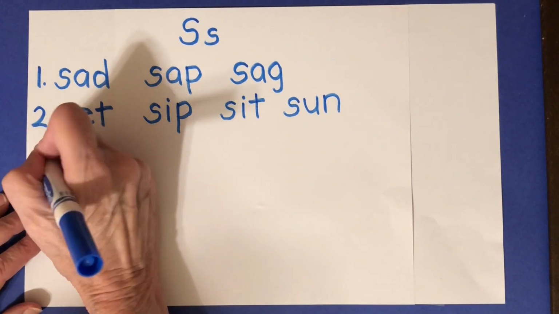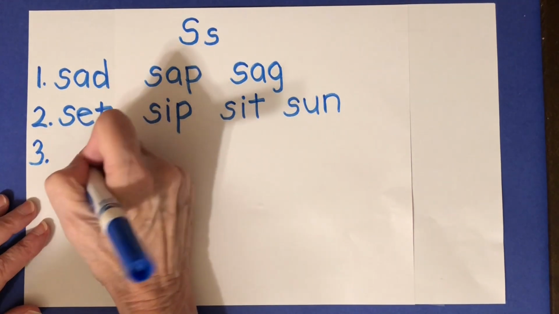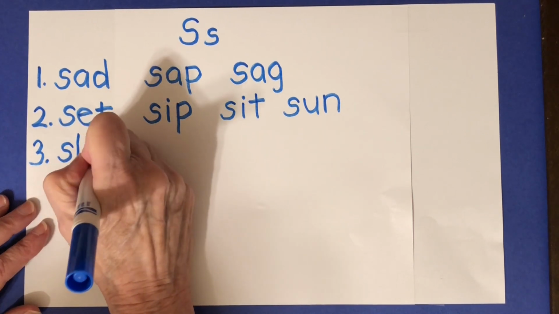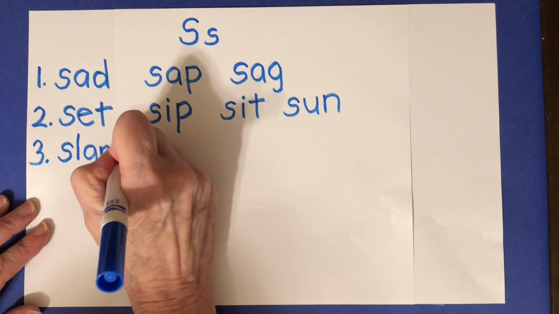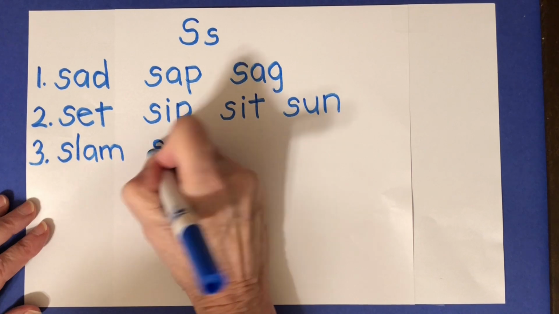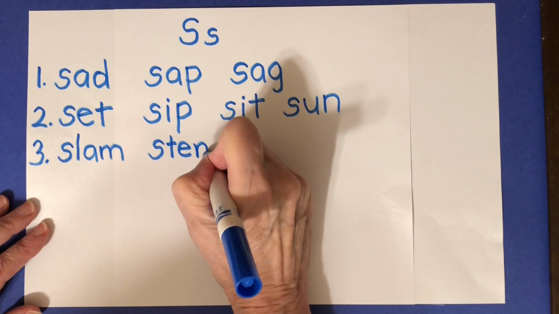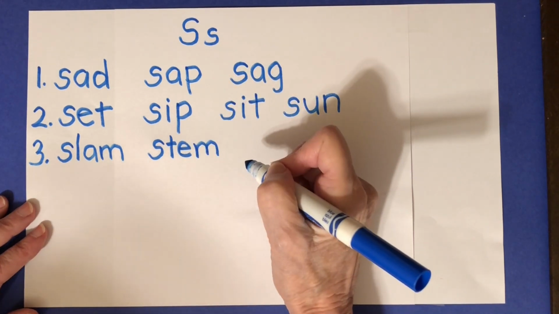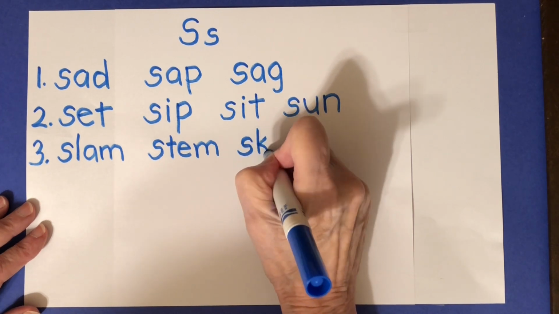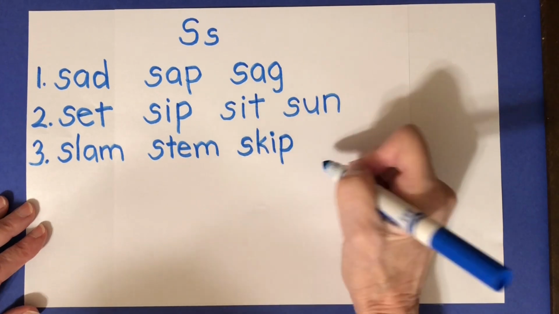Let's do our last word line. S, l, a, slam, slam. S, t, e, stem, stem. S, k, i, skip, skip.